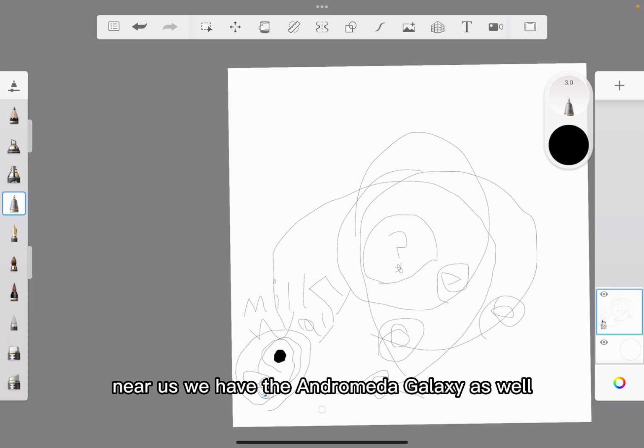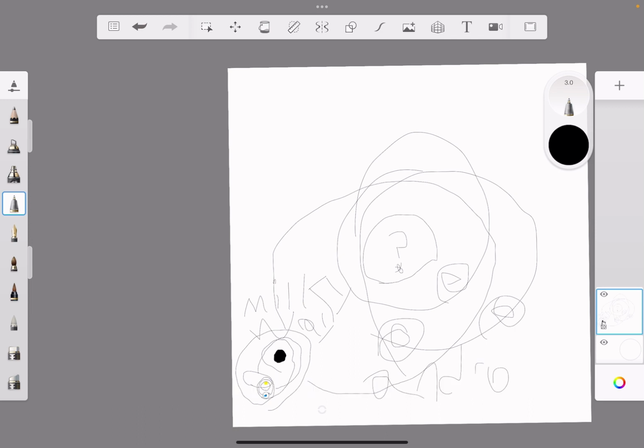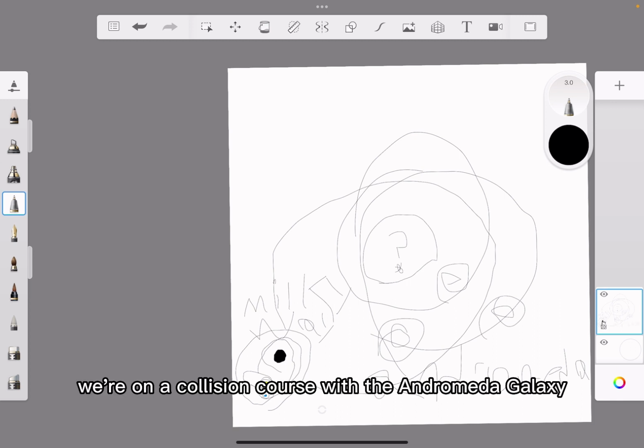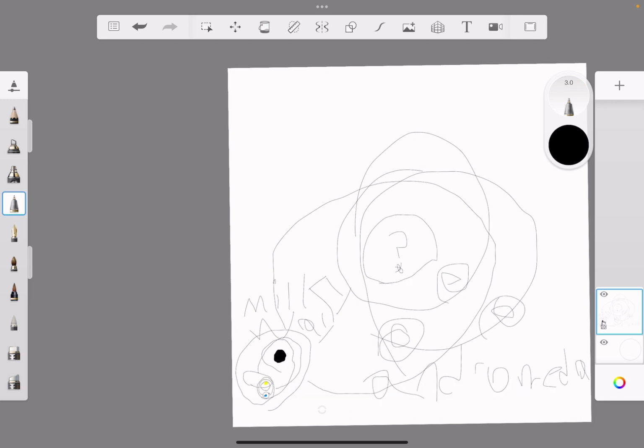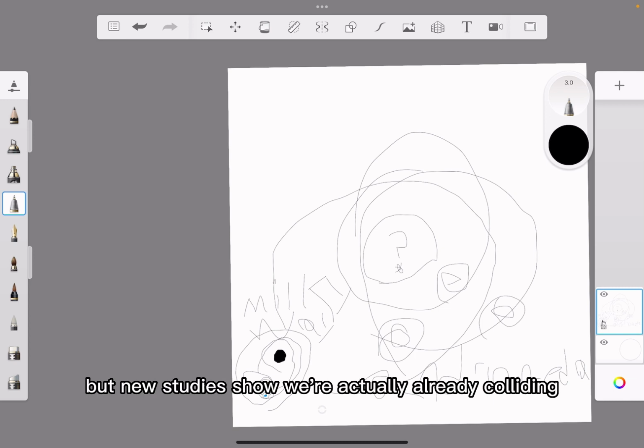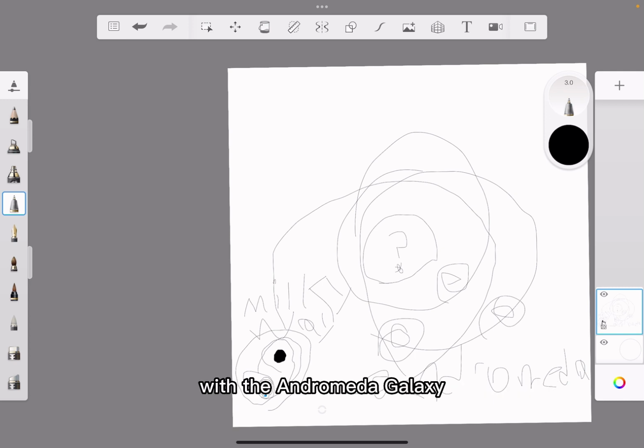Near us we have the Andromeda Galaxy as well, which, if you didn't know, scientists are saying that we're on a collision course with the Andromeda Galaxy, but new studies show we're actually already colliding with it. But the good thing is that doesn't mean that we're in danger, because the chances of a star actually hitting our Sun are really low.